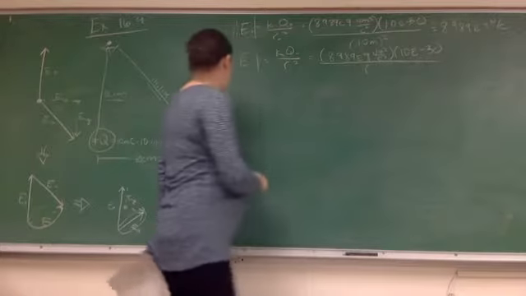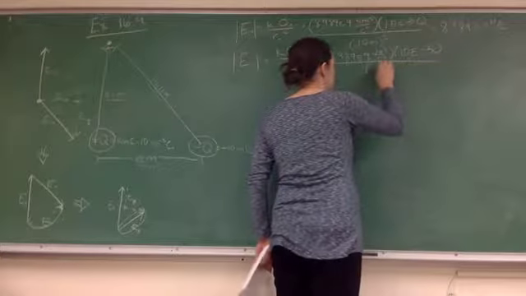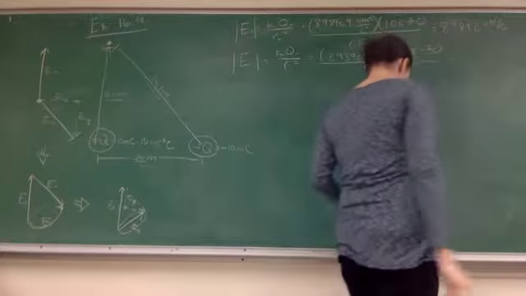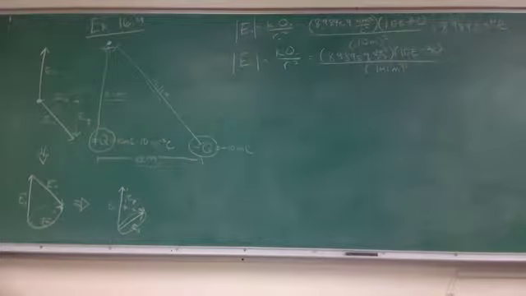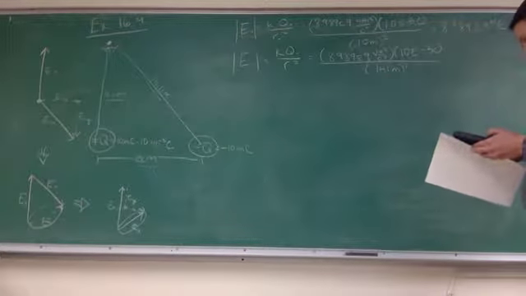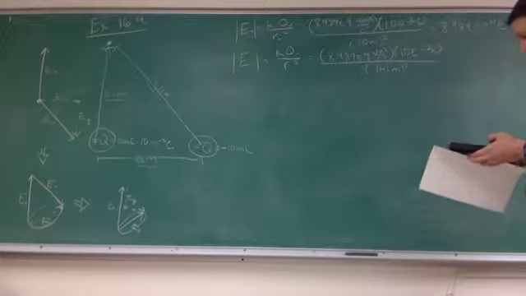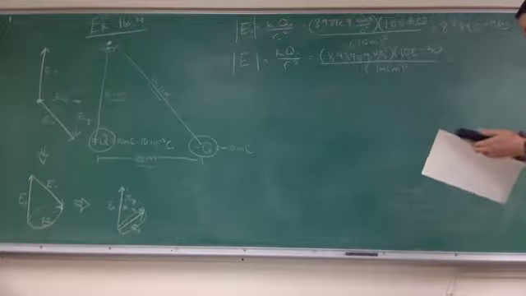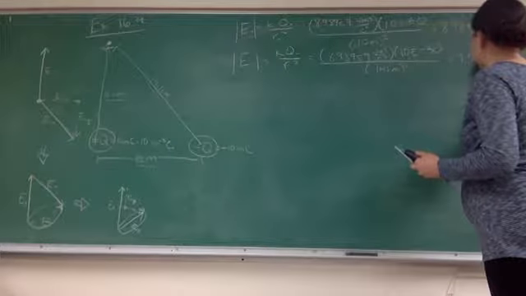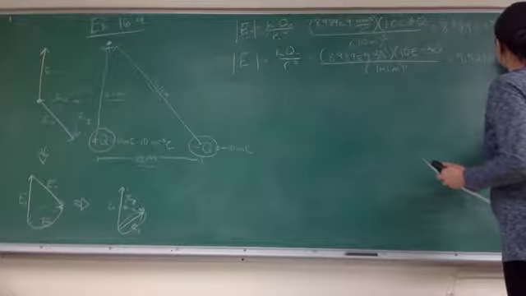And now the distance from the minus charge is going to be 14.1 centimeters, so that's 0.141 meters squared. And that I will plug into my calculator and say K times 10 E negative 3 divided by 0.141 squared, and I get 4.521 times 10 to the 9th newtons per coulomb.